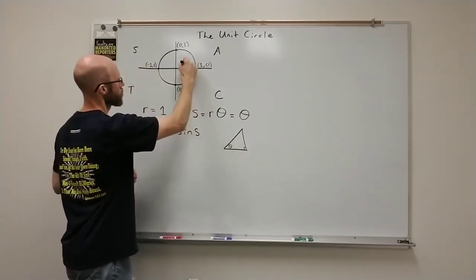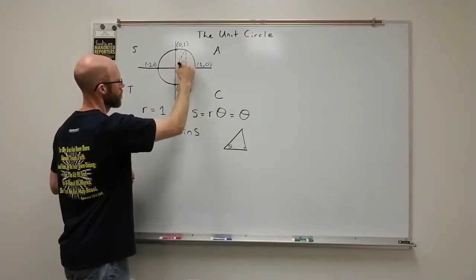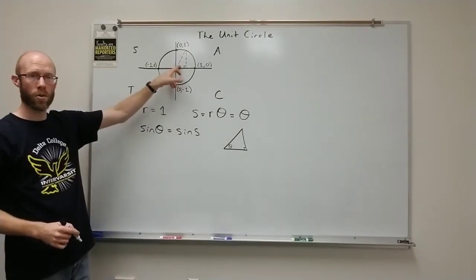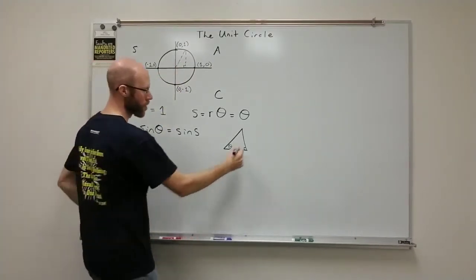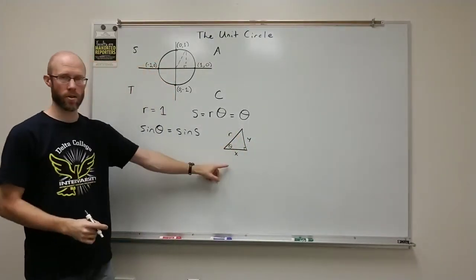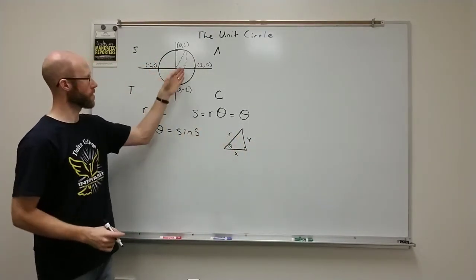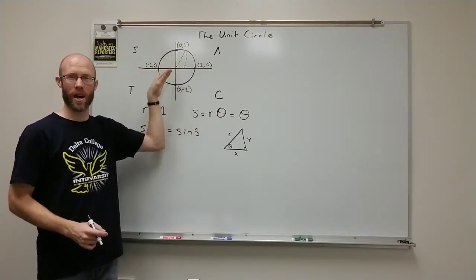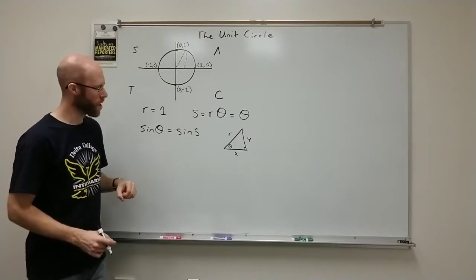If I had a right triangle formed up there with angle theta at the origin, then you'd be looking at the y, the x, and the r on the triangle, right? The y value is horizontal. I'm sorry, x is horizontal, y is vertical, and the r is the hypotenuse.